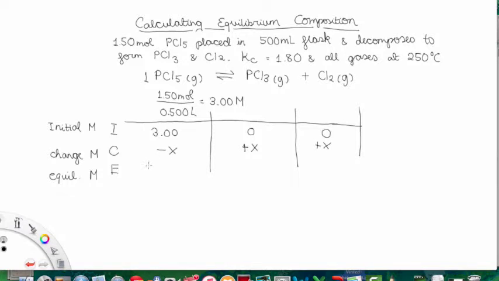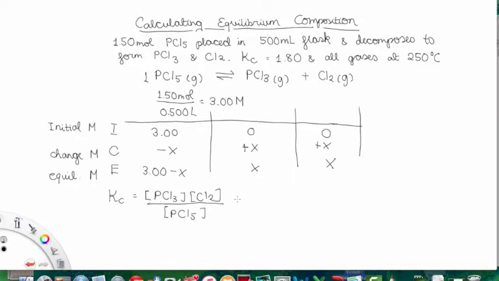Okay, so at the equilibrium molar concentration, we're just going to add or subtract what we had before. So at equilibrium, we're going to have 3 molar minus x, whatever got used up to decompose into the products. And we're going to end up with just plus x here, 0 plus x, and x here as well. So now we can rewrite Kc, which is the equilibrium constant, as the concentration of PCl3 times Cl2 over the reactant, which is PCl5.